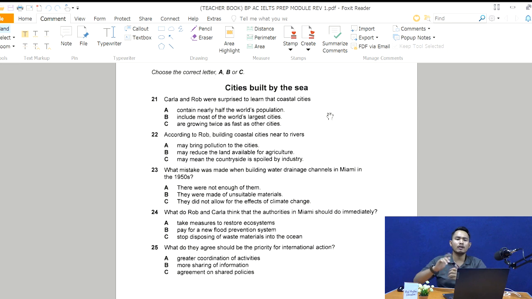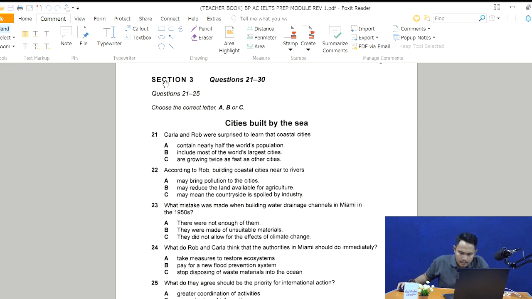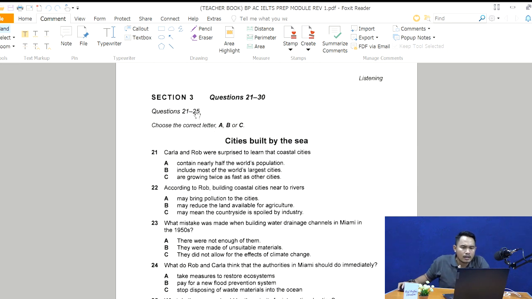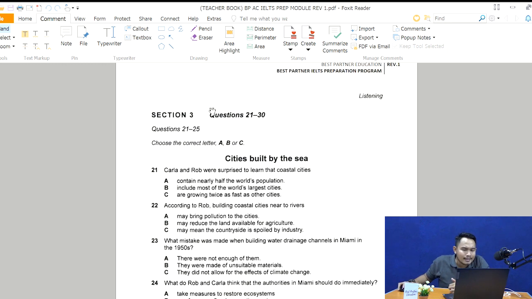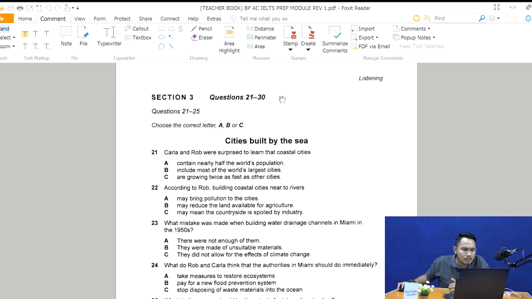Now, first thing first, guys, before we start digging into this type of question, particularly in section 3. As you can see here on the screen, this is section 3, and it is from the same source, Cambridge IELTS 14 here.